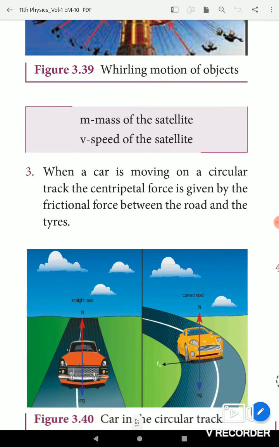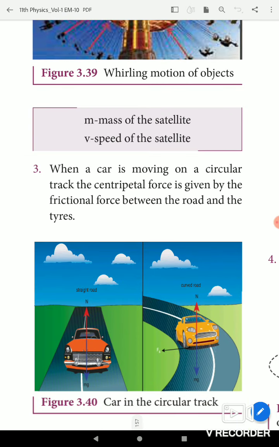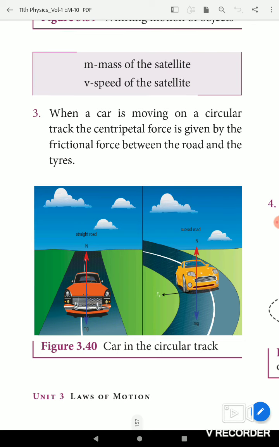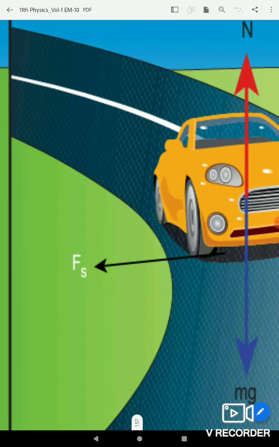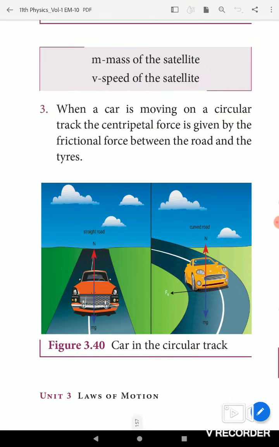Then third one is when a car is moving on a circular track in this way. The centripetal force is given by the frictional force between the road and the tires, that is F_s.